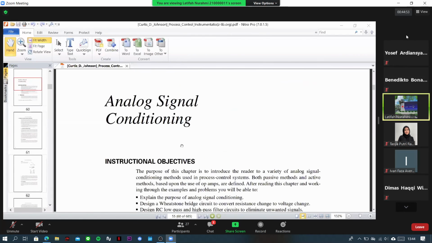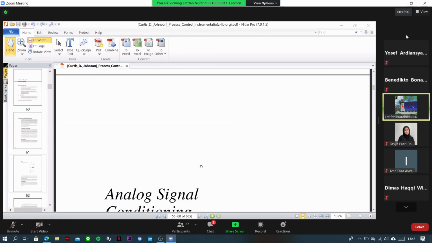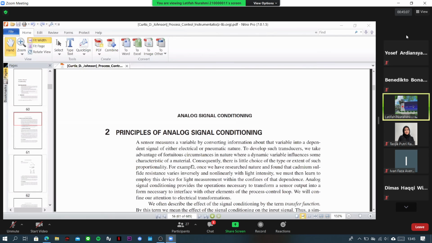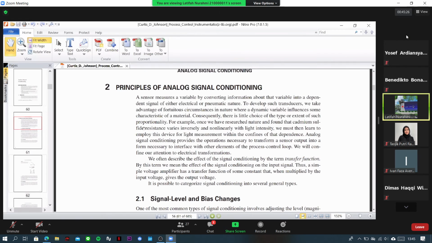Signal conditioning is on page 55, you can see it on the screen. You can read in more detail. I cannot cover everything. You are not in elementary school, so I will take only the main points from the book. If you want complete information, you have to read it. What I like about university is the students should be independent.